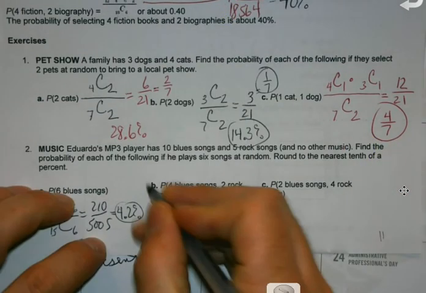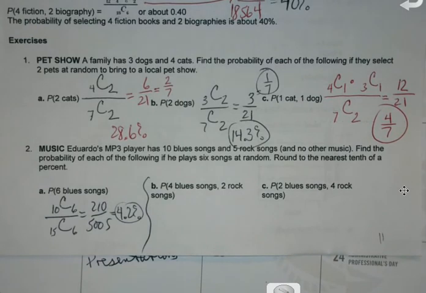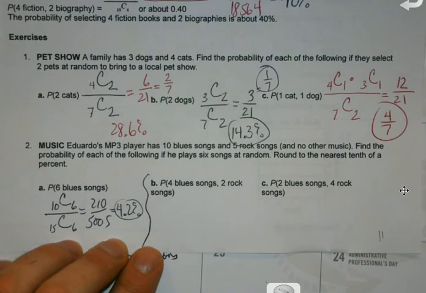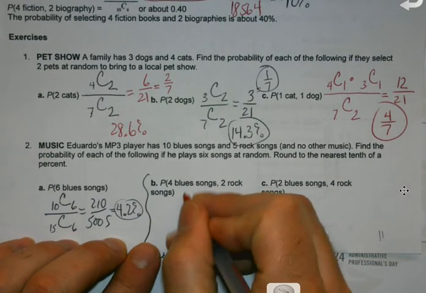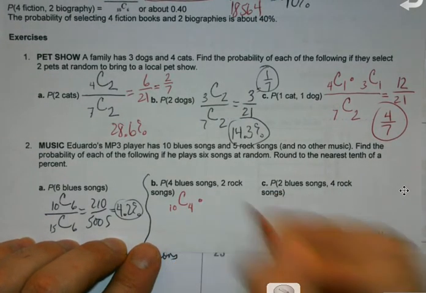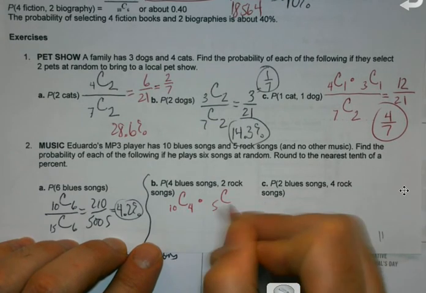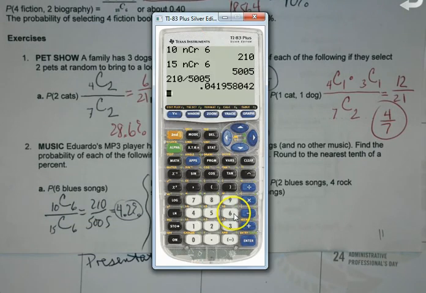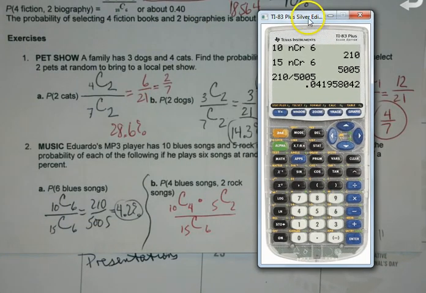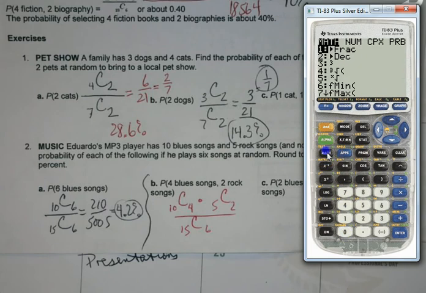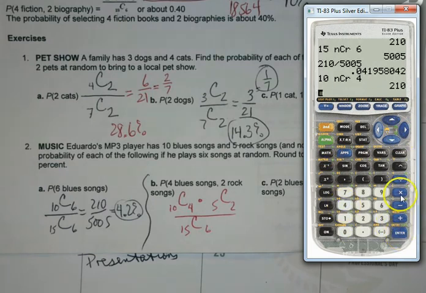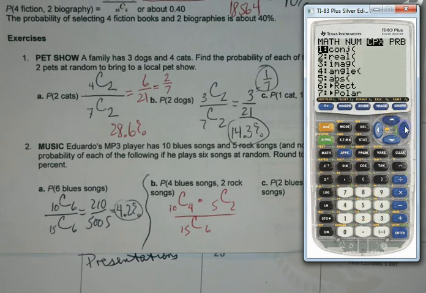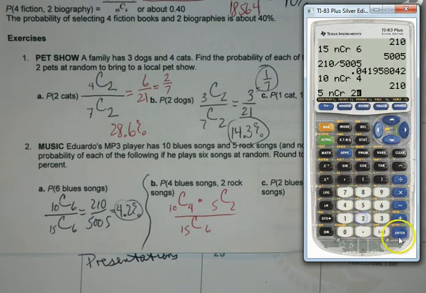Let's do letter B here. Okay, we're going to be multiplying, so we got two different things that are going together. So how would I set up my blues songs on letter B? Okay, 10 pick 4. And what about the rock songs? 5 pick 2. Denominator doesn't change. So, one more look here. So 10 pick 4 and 5 pick 2.